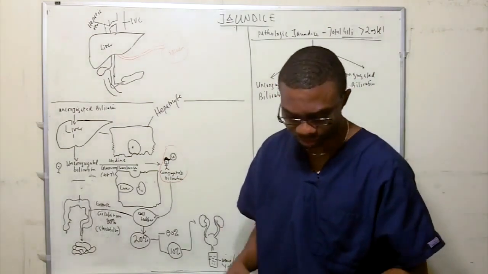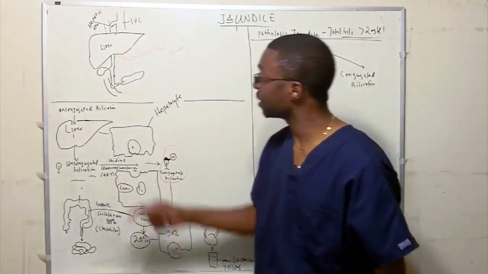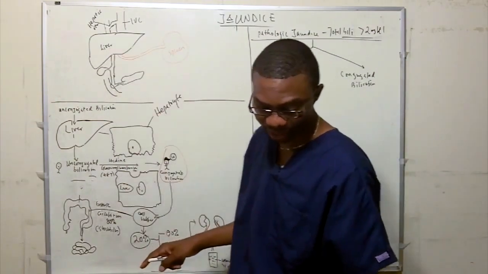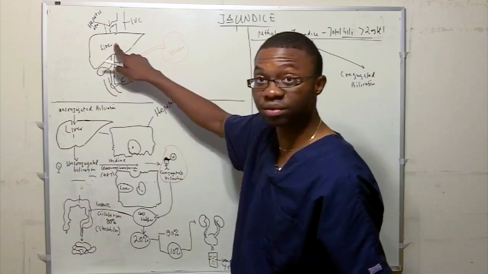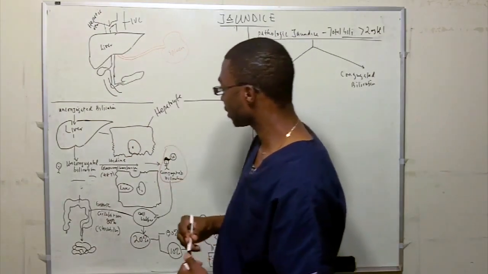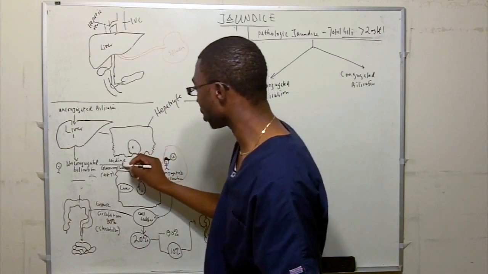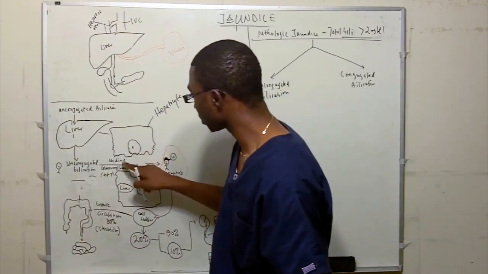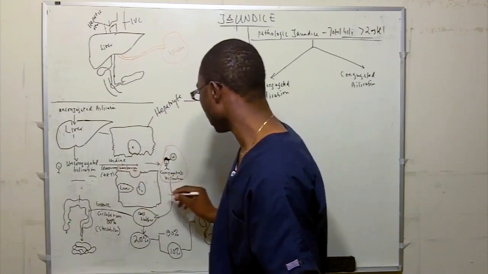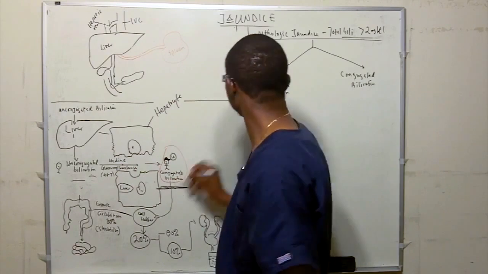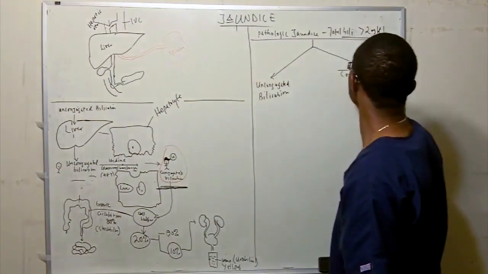Those are two fancy names. What we are saying is, if there's decreased intrahepatic excretion of bilirubin out of the liver, you can have a lot of conjugated. If there's a problem here, that's where the problem is, because it's already conjugated. We're talking about conjugated here.